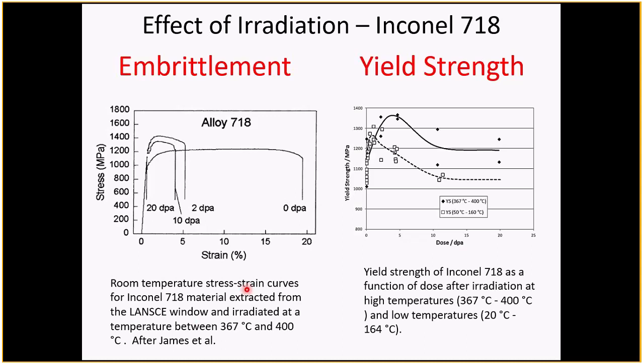So they have this multi-hundred mega electron volt proton beam that comes smashing down onto targets, and I'm not sure what the targets are, but these targets are used to produce tritium for some other reason.